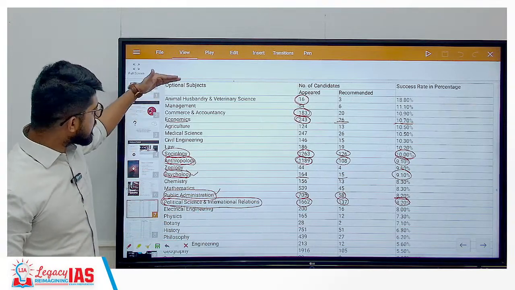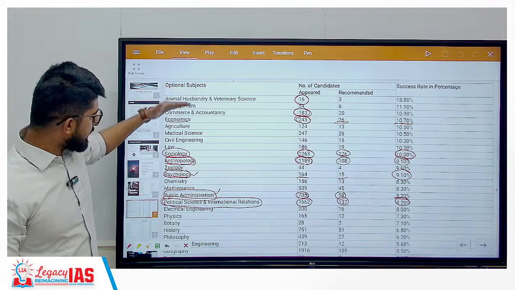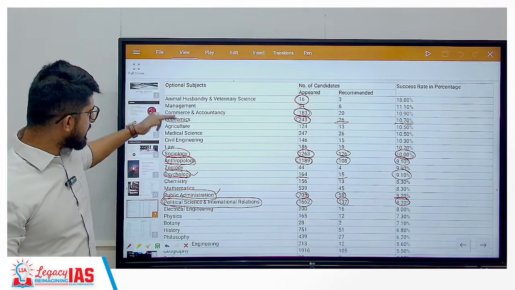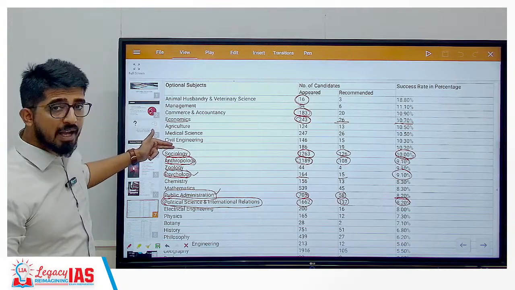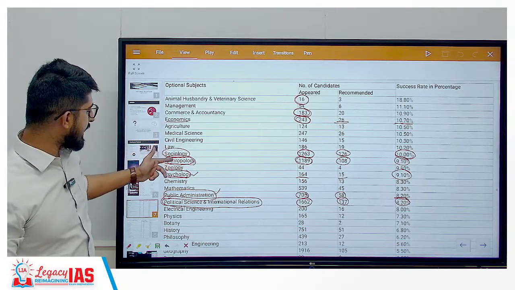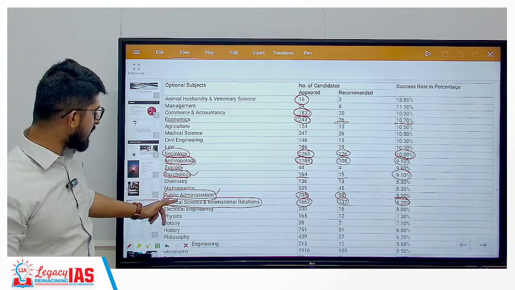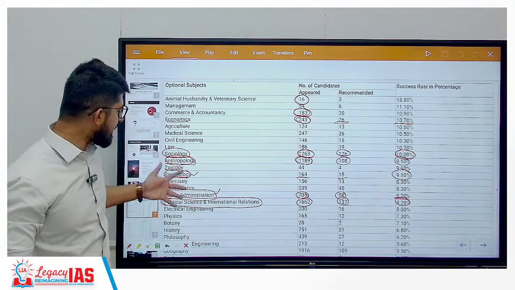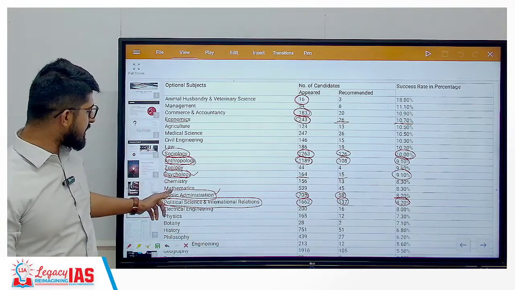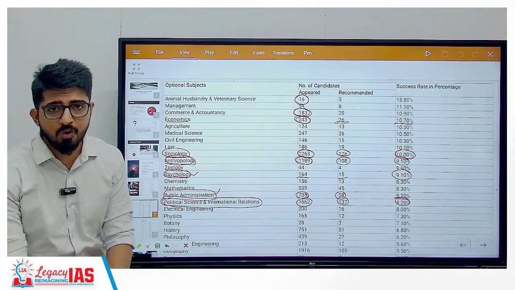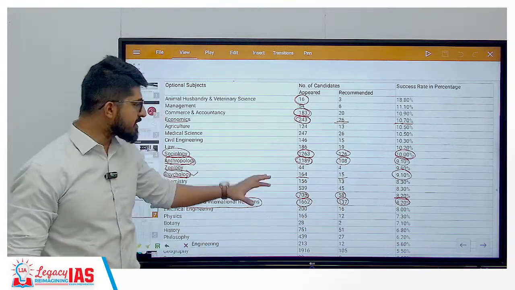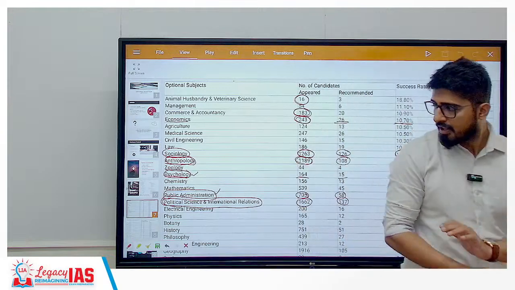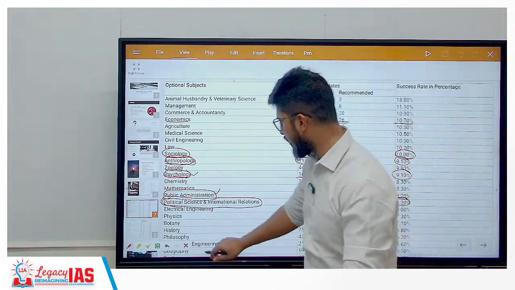When you look at optional subjects from the top till the last, all these subjects require a background. These do not require background: sociology, anthropology, psychology, public administration, PSIR, and these are the well performing ones. Chemistry, mathematics, zoology, they require background. So this is the reason only these optionals are provided. Clear? So this is the success rate, as you can see.